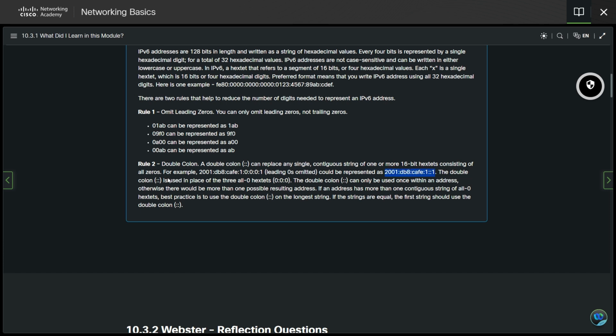The double colon is used in place of the three all-zero hextets. The double colon can only be used once within an address, otherwise there would be more than one possible resulting address. If an address has more than one contiguous string of all-zero hextets, best practice is to use the double colon on the longest string. If the strings are equal, the first string should use the double colon.